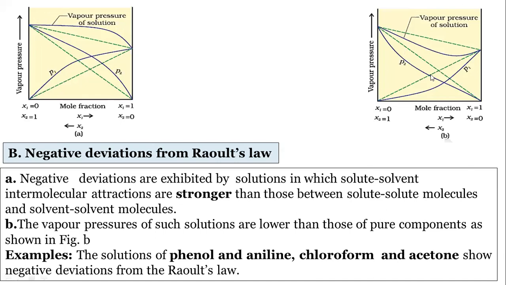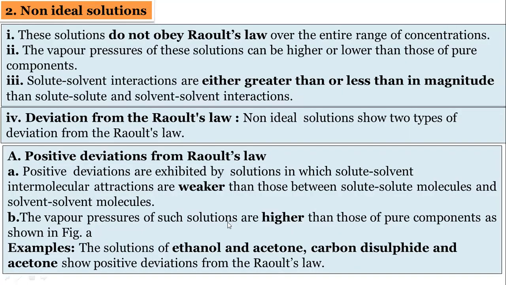And here in case of negative deviation, we can see in this graph the vapor pressure of the solution is lower than the vapor pressure of the pure component. The blue line indicates the vapor pressure of these solutions.